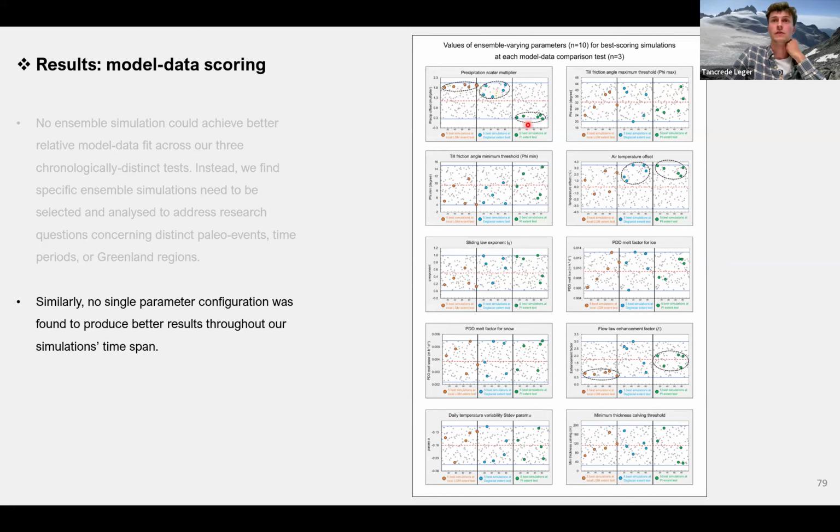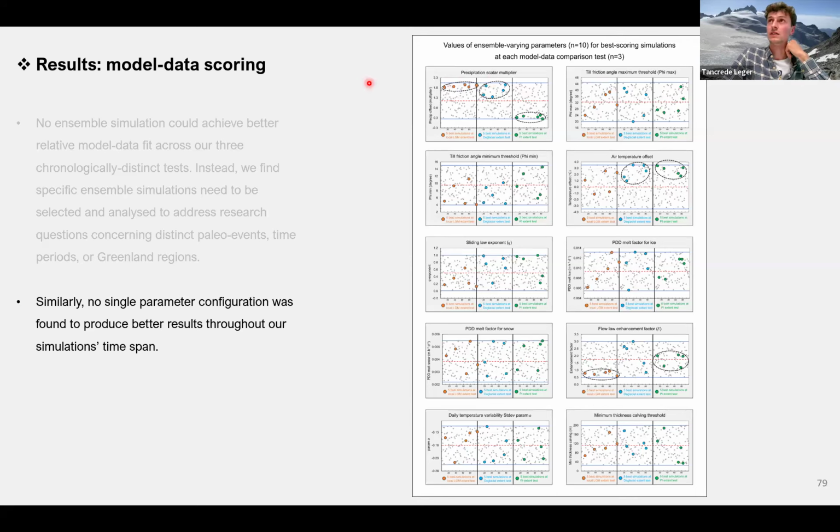And interestingly, for some of these parameters, the best value is time dependent. So you see that for the LGM and deglacial extent tests to score well, we need some high offset values. And then for the pre-industrial test to score well, we need much lower offsets than the prescribed climate values. So that's interesting. It doesn't necessarily mean that the input climate is wrong. It could be related to interaction with another parameter.